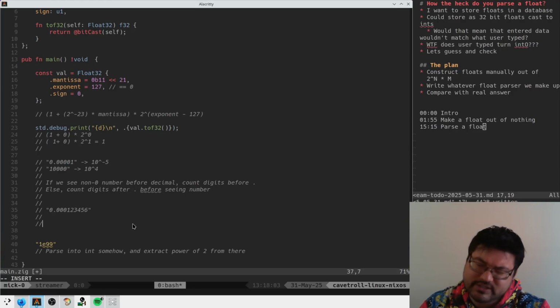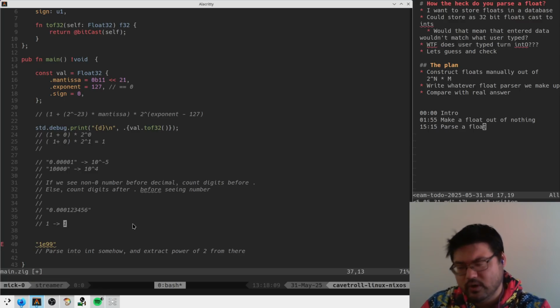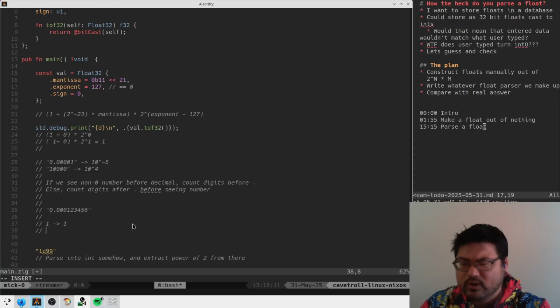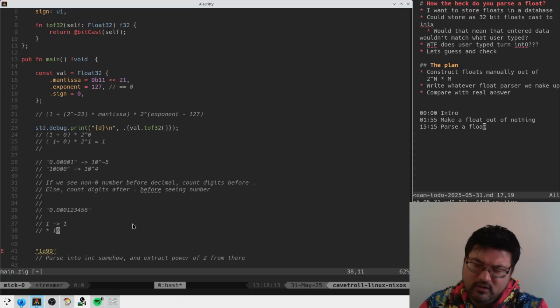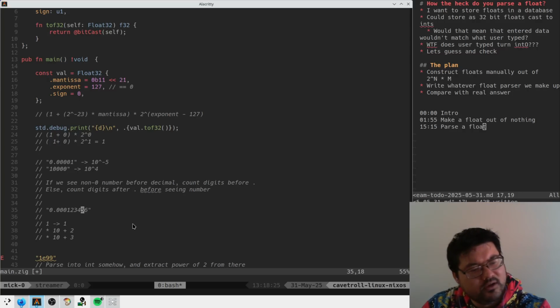I'm trying to think of some iterative method where you read this 1, you consume it somehow. Surely that turns into 1. Then you read the 2, so you do times 10 plus 2, times 10 plus 3. You just keep multiplying by 10 and adding the next number until you run out of bits.